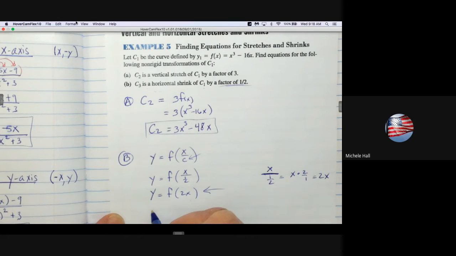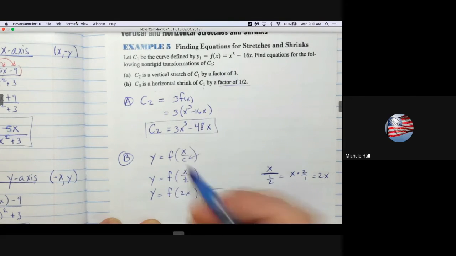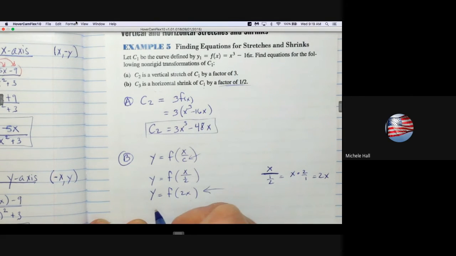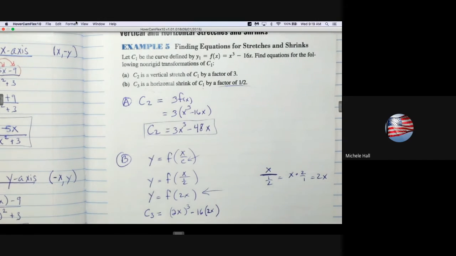Then we're multiplying 2 to all of the x's. So that would be multiplying 2 to the x cubed minus 16 times 2x, multiplying 2 to the x.